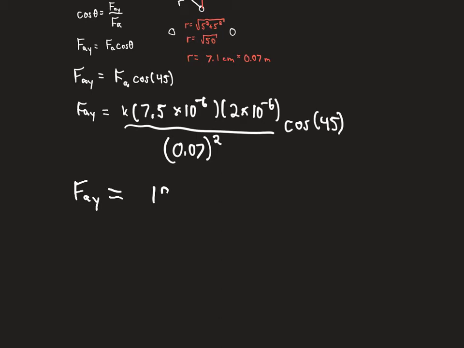If you're rounding, actually, it would be just 19.5. 19's good. 19 what? Newtons, because it's a force. So what's F total? 76 newtons, because we multiply that by 4.